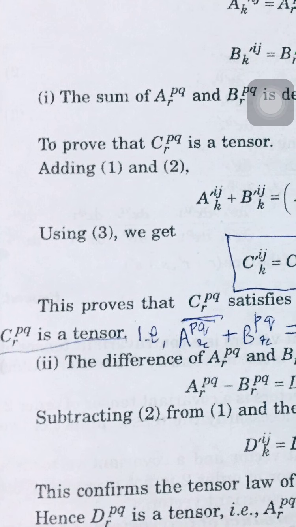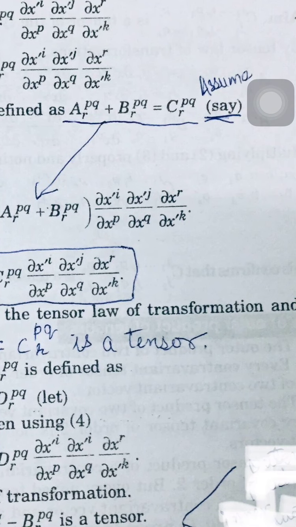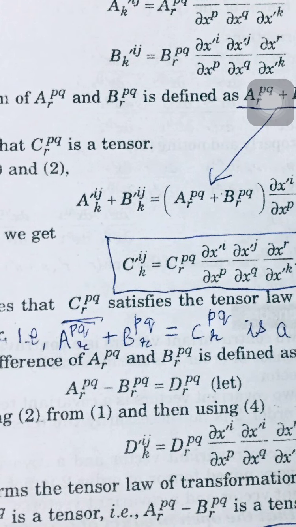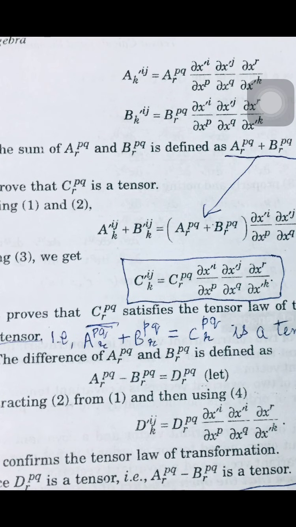And what is C^{PQ}_R? A^{PQ}_R plus B^{PQ}_R is nothing but C^{PQ}_R, a tensor of the same rank and same characteristics. We are taking two mixed tensors of order 3, and finally we get a tensor of order 3 and the same characteristics. The same thing we also see for the subtraction here.